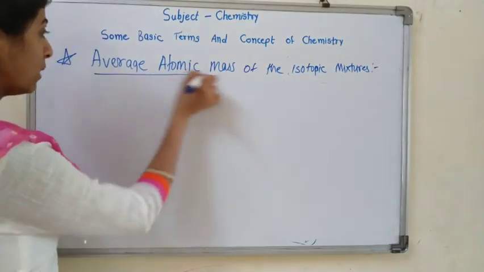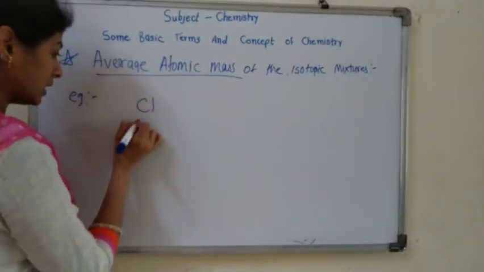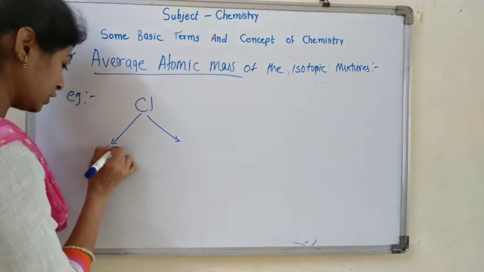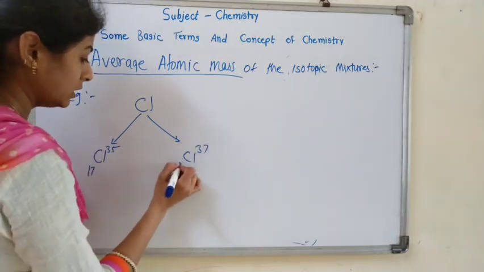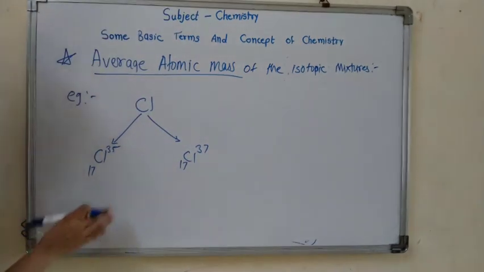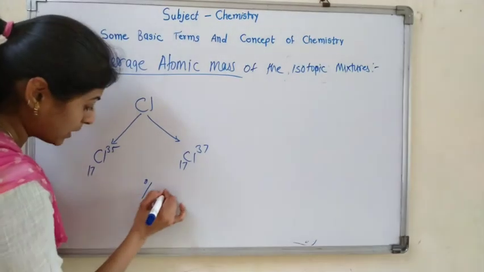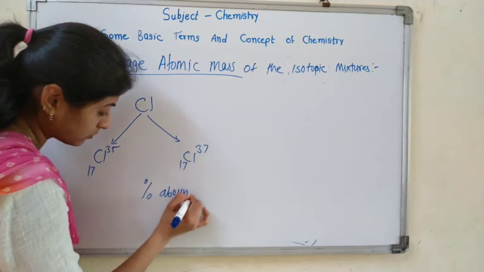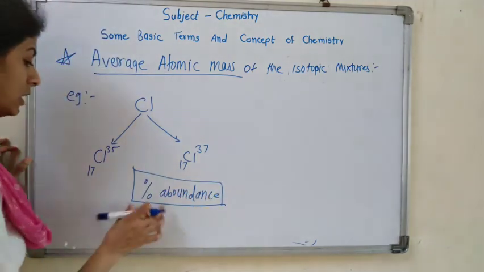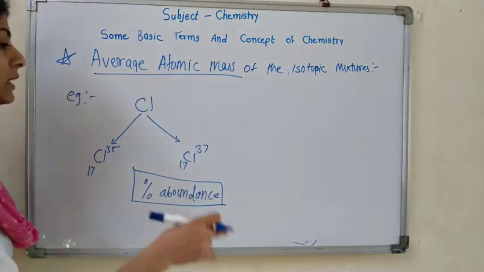How to calculate average atomic mass? Let's see the example. Cl having two isotopes, that is Cl-35 and Cl-37. Now to calculate the average atomic mass, the new term introduced here is percent abundance. How much percent this isotope and this isotope are available in nature?